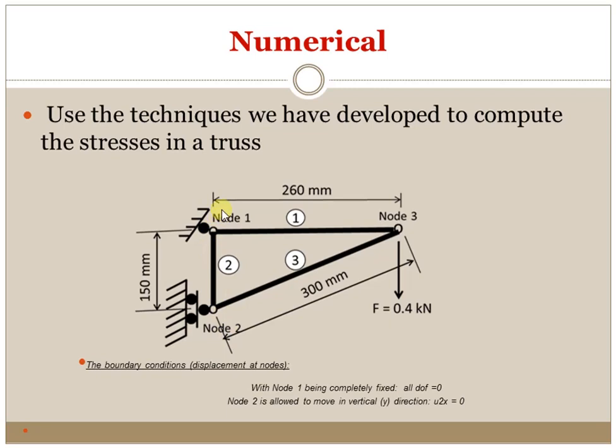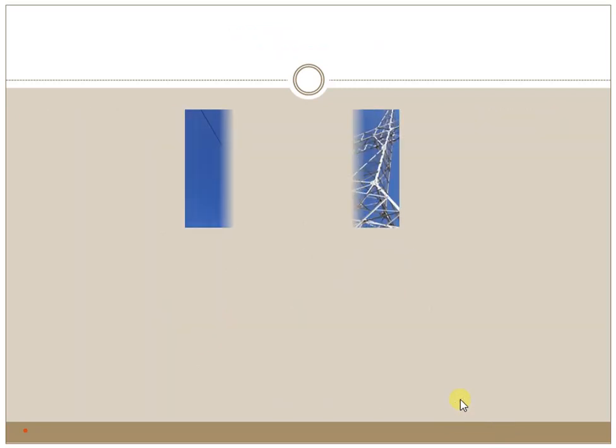Node number 1 is completely fixed, which means all degrees of freedom are constrained, and node number 2 can translate along the y direction. It means the deflection along the y direction you can keep open, and the deflection along the x direction you can make fixed. It means u2x you can make 0. So please try to solve this numerical.